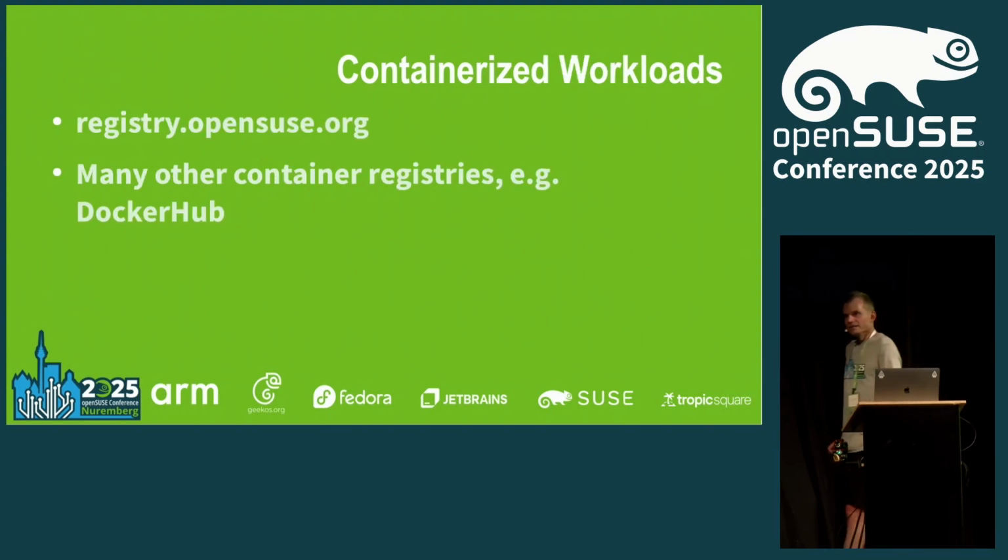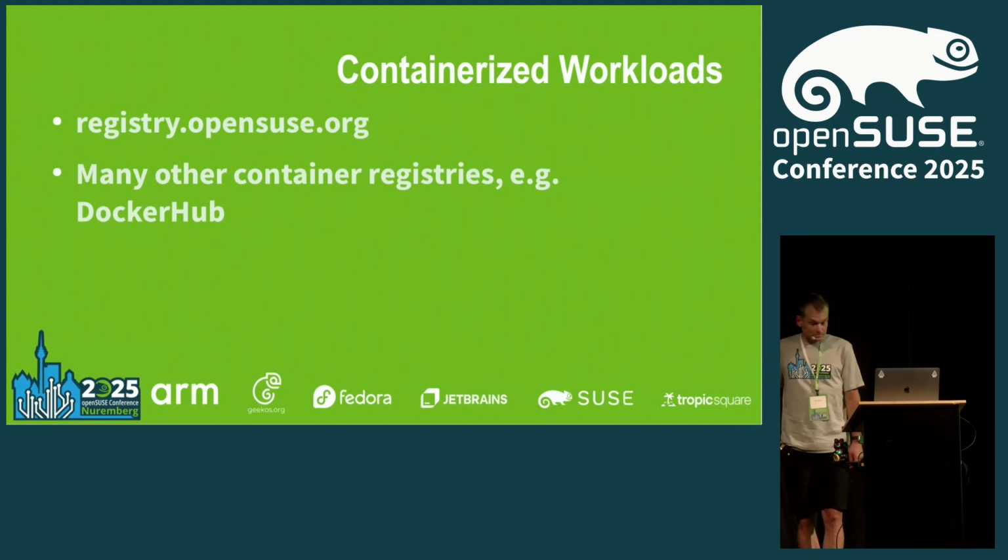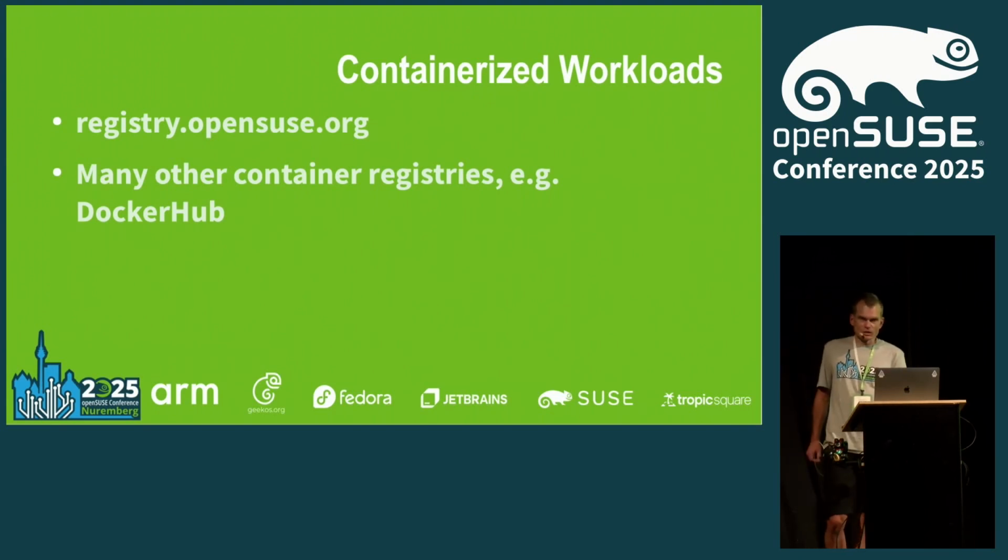At the beginning, I mentioned decoupling the workloads from the base operating system. For this, meanwhile, there is, in my opinion, a good portfolio of server applications available via the openSUSE registry. Those can be run independently in the system, independently of which system you are using.